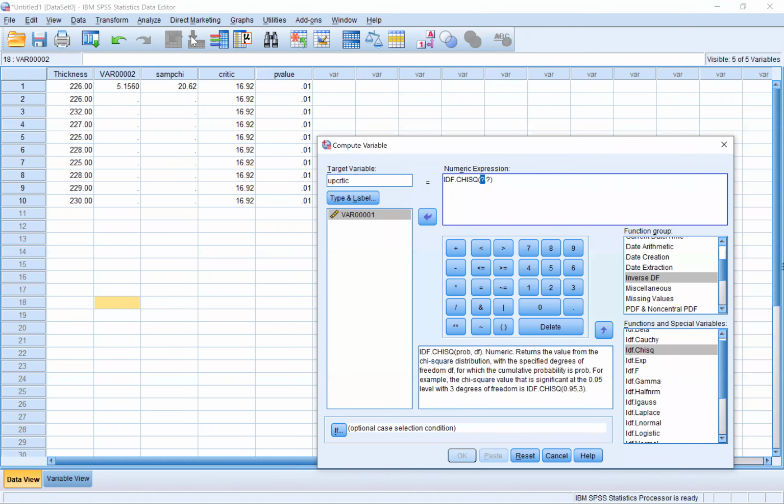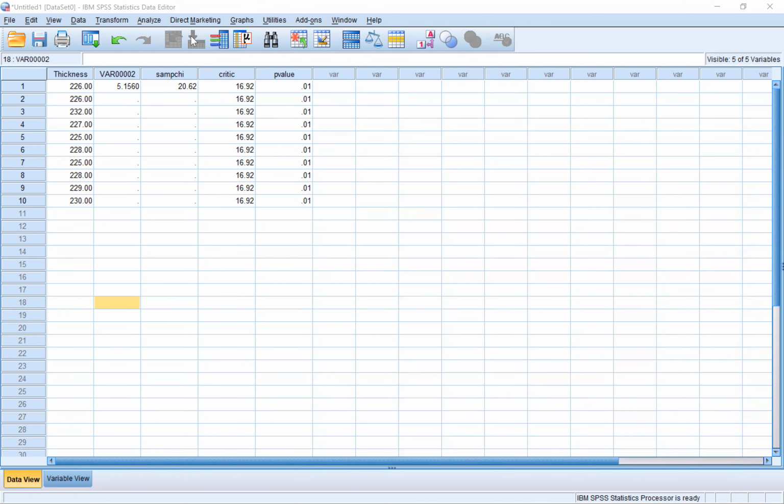That means in this cumulative distribution, I have to put in 0.975, and the degrees of freedom are 29. So I get 45.72 for the upper critical value.